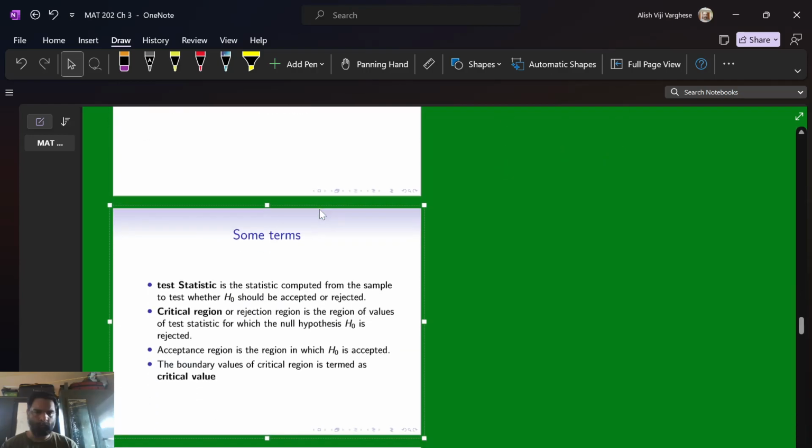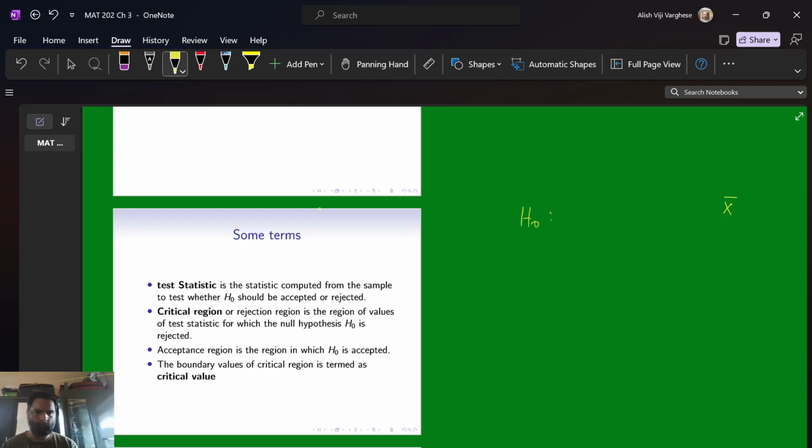Then a statistic is the statistic computed from the sample to test whether H naught should be accepted or rejected. So first we frame H naught, then we calculate a statistic. If we are making a statement about the mean, usually we calculate X bar to check the validity of the statement.